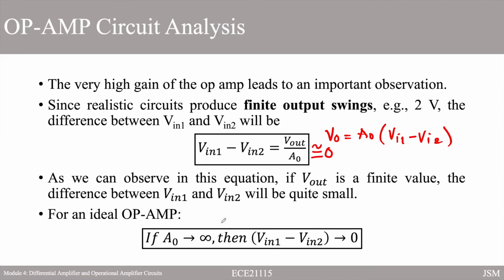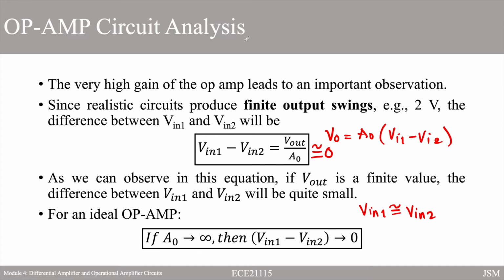So therefore, if our op-amp is approaching to its ideal state or pataas ang kanyang open loop gain, approaching to infinity, makita natin that the difference between V-in1 and V-in2 will be approaching to 0. Or makikita natin that V-in1 is approximately equal to V-in2 kapag mataas po ang ating open loop gain. Okay, so kailangan po natin tandaan to for derivation ng ating mga voltage gains sa ating op-amp circuits.